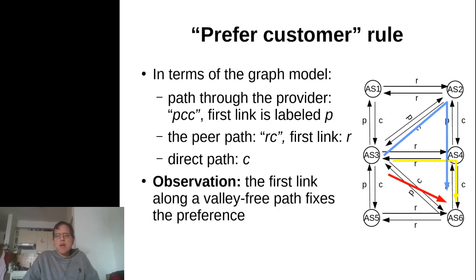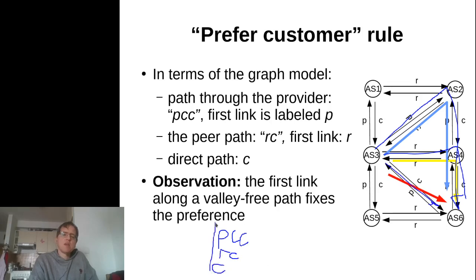So if we describe this simple setup in the previous AS graph model, we get the simple observation that if we take the first link of the path, recall that the upper path is P, C, C, the light blue path is R, C, and the bottom path is just simply C. If we take the first link of the paths, then we can use this very simple distinction that the customer path will be preferred over a peer path, which will in turn be further preferred over a provider path.